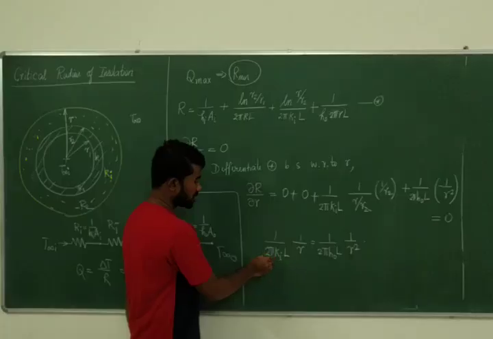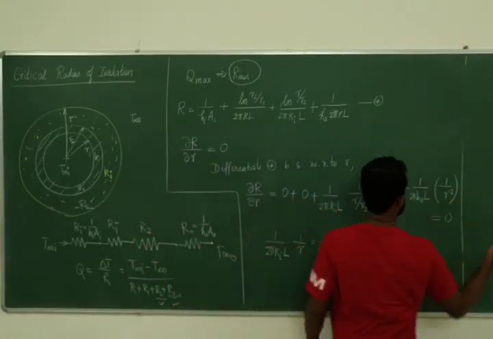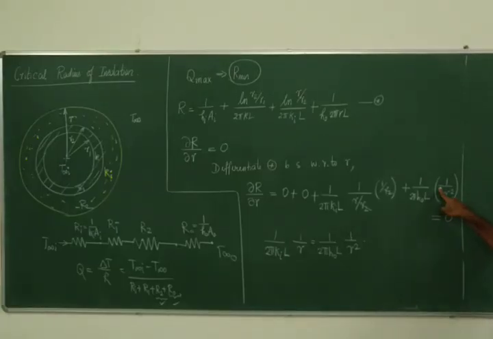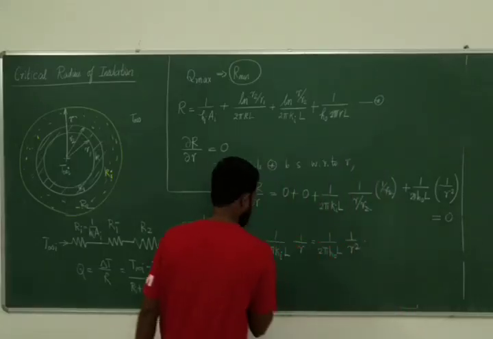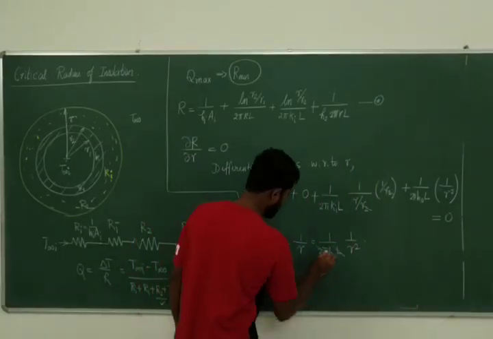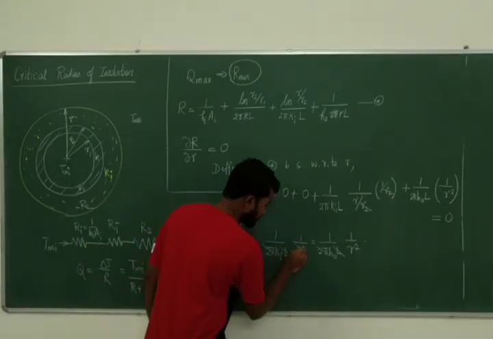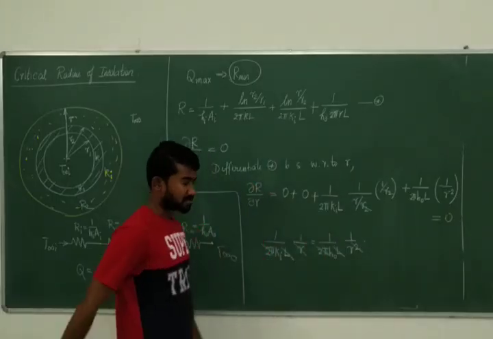And remaining terms are 1 by 2 pi Ki L into 1 by r. This is taken to the other side. Because of the negative, it will become a positive. 1 by 2 pi h naught L into 1 over r square. Now you can cancel 2 pi and you can cancel L. Right? Becomes still simpler. And you can cancel this r with the r square.